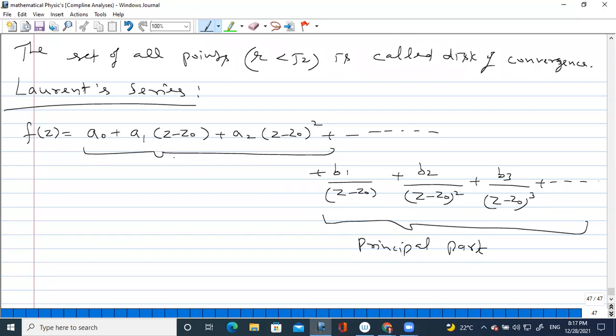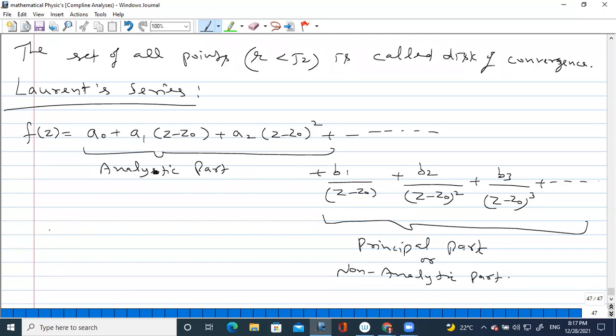This portion is the Taylor series and this part is known as the analytic part, because the Taylor series is always analytic in nature. So this part is the analytic part and this part is the principal part or non-analytic part. Everything of this you should understand.